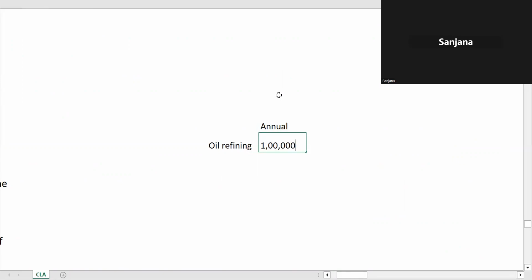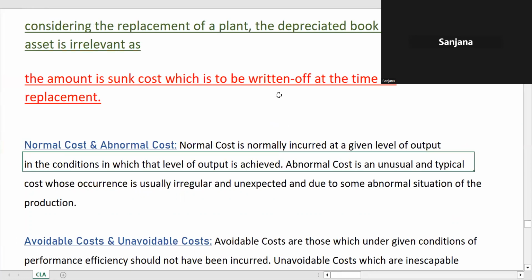This becomes your normal cost. Now suddenly for the same thing, in a year you incurred 1,20,000 for no reason. Then this 20,000 will be your abnormal cost, because in normal conditions you should have incurred 1 lakh. So if there is something which cannot be explained, for which you have incurred more amount, that will be treated as abnormal cost.